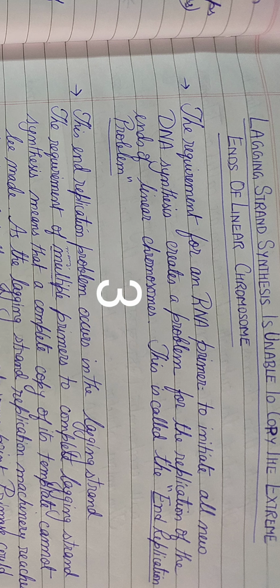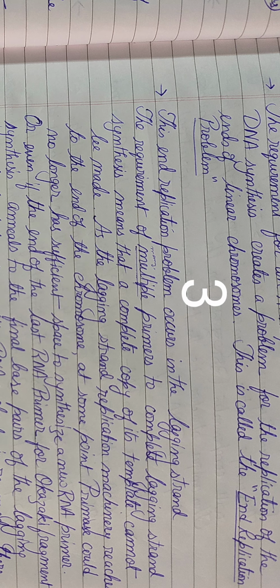So we always need an RNA primer to initiate new DNA synthesis, and that's where it creates a problem for the replication of the ends of the linear chromosome, because the ends of the linear chromosome are not replicated at all. That is called the end replication problem. How it occurs, let us see.